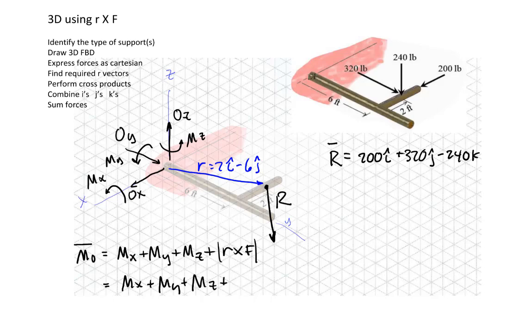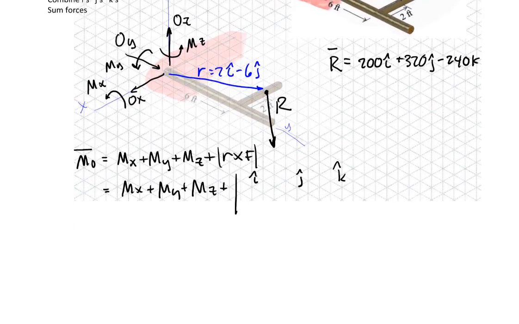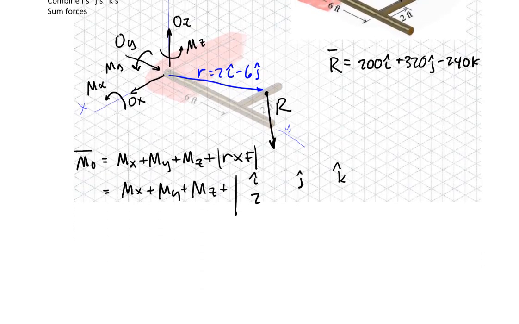I do have an r, and we're going to take that i, j, and k. Let's go ahead and push that up there now. We have an r vector of 2, minus 6, and 0, and a force vector of 200, 320, and negative 240. Okay, let's keep on going.